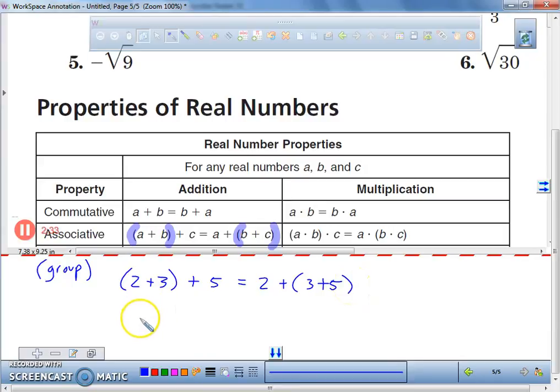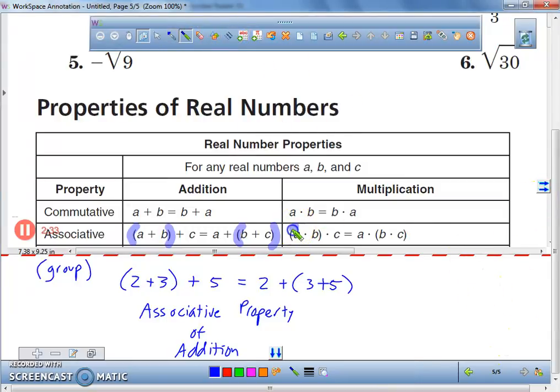That's the associative property of addition. Same concept with multiplication, right? Same concept.